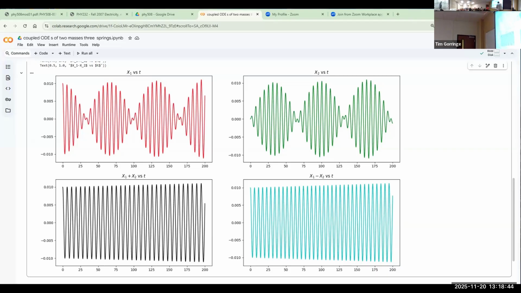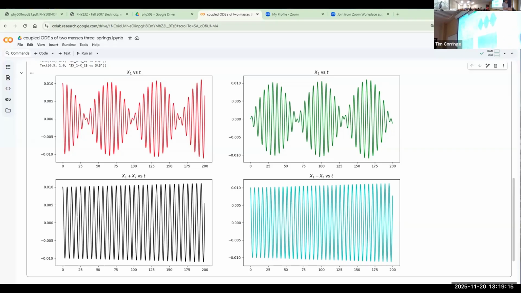And the one on the right-hand side is the difference in x1 and x2 as a function of time. This is the one that would tell us whether we're stretching or compressing the spring in between the two. So the x1 and x2 are pairs, but it's also going to be interesting to look at the sum of x1 and x2 and the difference in x1 and x2 on these 2 lower plots.